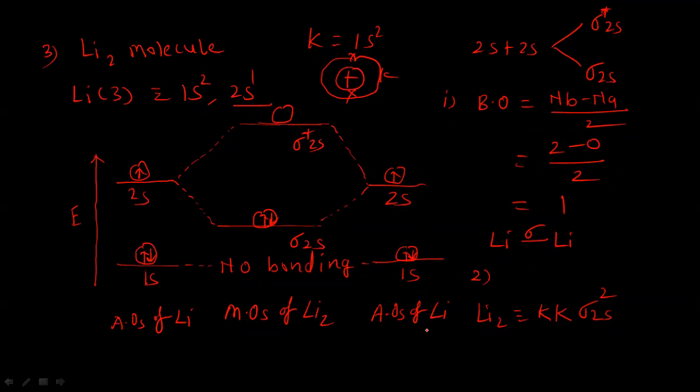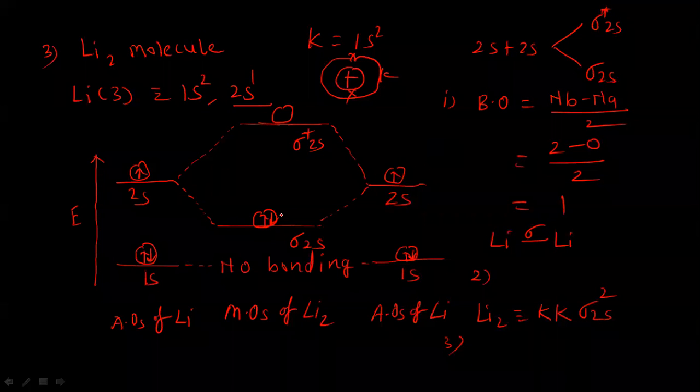This is the second part. Now the third part is the magnetic behavior of the molecule. Why are we drawing the MO diagram here? Because we want to explain 3 important things. First one is bond order, second is the electronic configuration of the molecule, and third is the magnetic behavior.